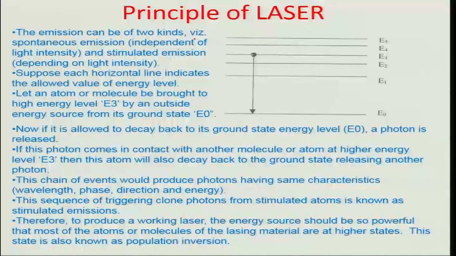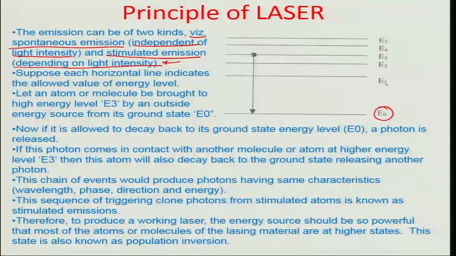And so the emission can be of two kinds, namely spontaneous emission, independent of the intensity of light. Okay, so it happens automatically. And there is another emission which can be recorded as a stimulated emission, whose dependence is on light intensity. So supposing, let us say, each horizontal line indicates the allowed value of the energy level.